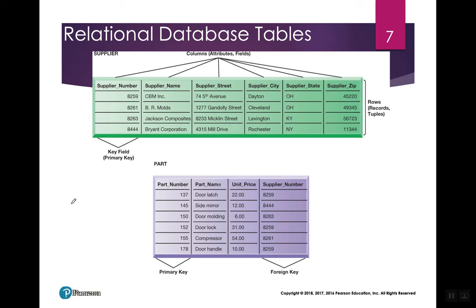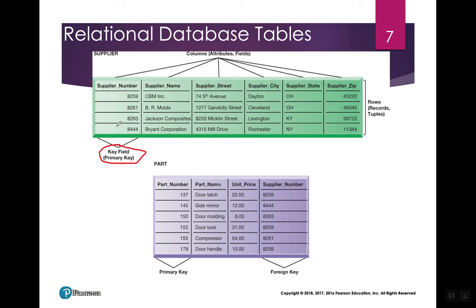And then, so we have two tables. So we have one table, and this first field, the supplier number, is the field that's identified as being the key field. And as we said, the characteristic of the key field is unique. Right? It makes this row unique. There are no other rows that have 8259 in it.